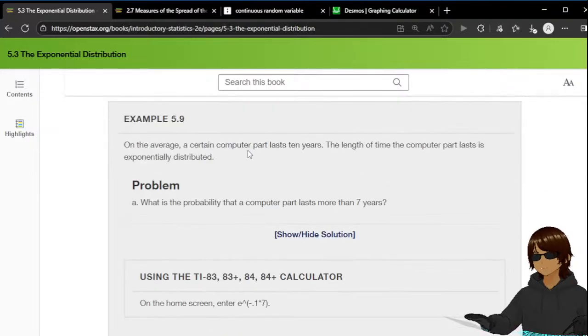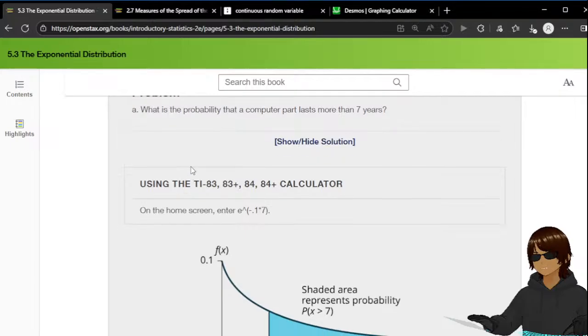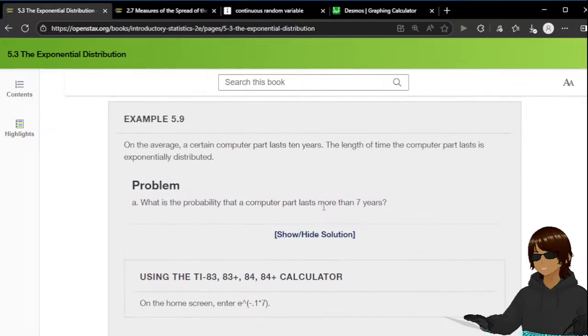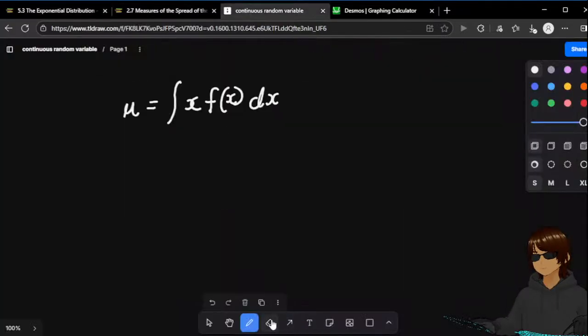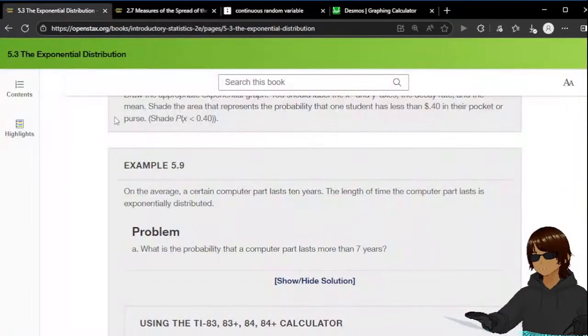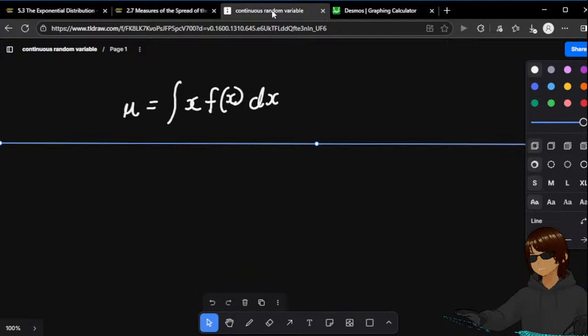On average, a certain computer part lasts 10 years. The length of time the computer part lasts is exponentially distributed. What is the probability that a computer part lasts more than 7 years? More than 7 years. So, example 5.9.